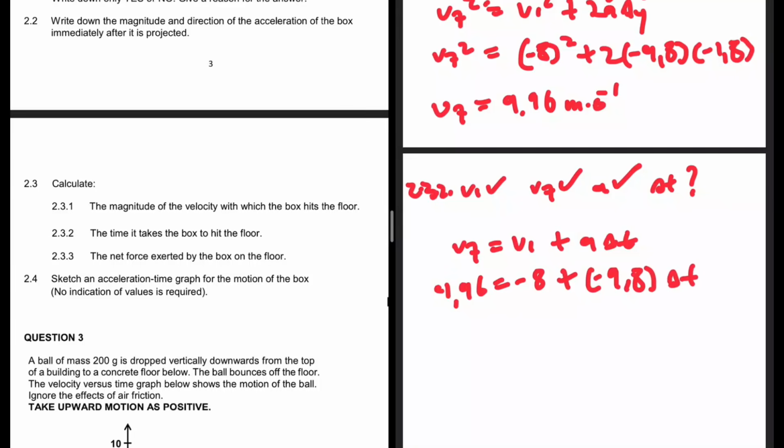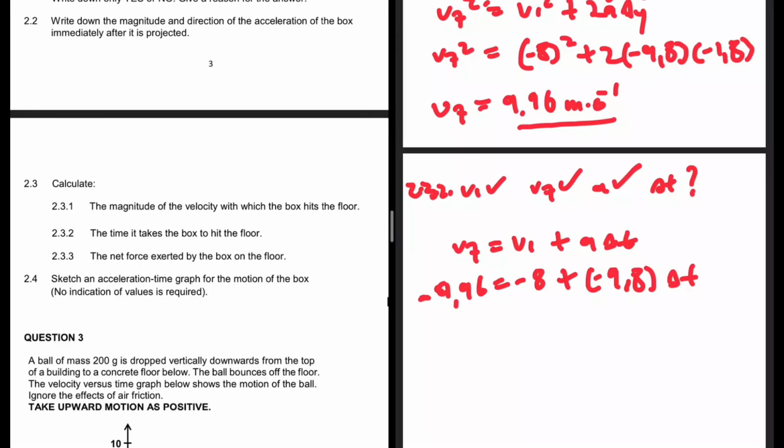This is the mistake that most people make with this kind of equation, because take a look at this. 2.3.1 says the magnitude. That's why we didn't care about the direction when we calculated vf. But now we are using that velocity in 2.3.2 as we are attempting to calculate the time. We have to account for the fact that it is 9.96 meters per second downwards. There's supposed to be a minus sign there because we are taking up as positive, right?